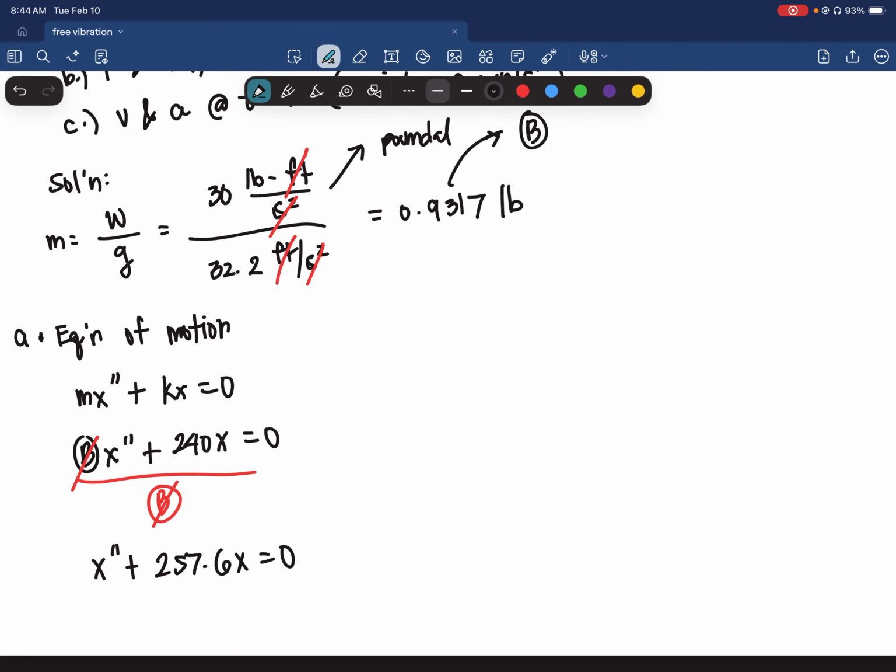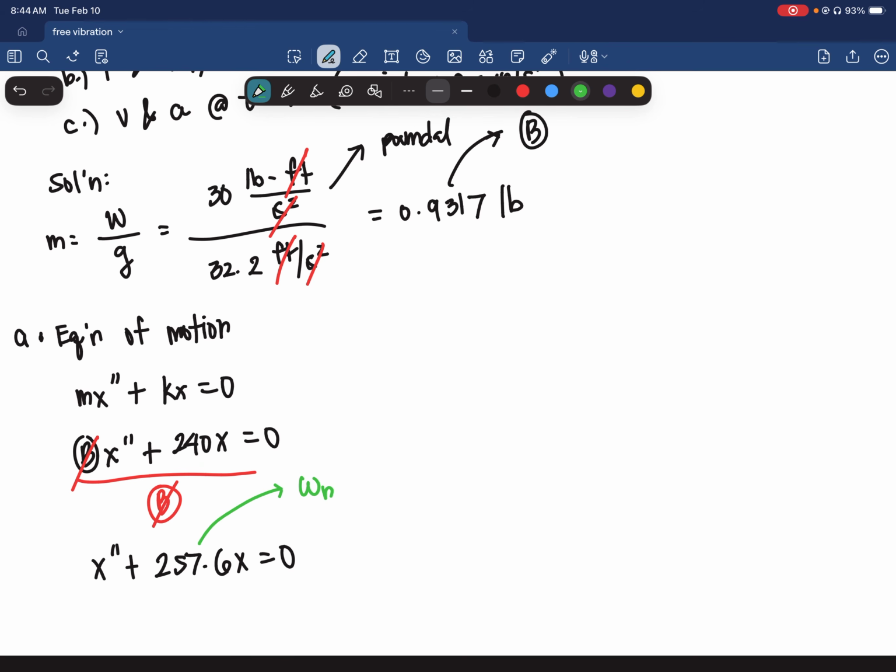Now, to get the frequency, this is the frequency, omega n.